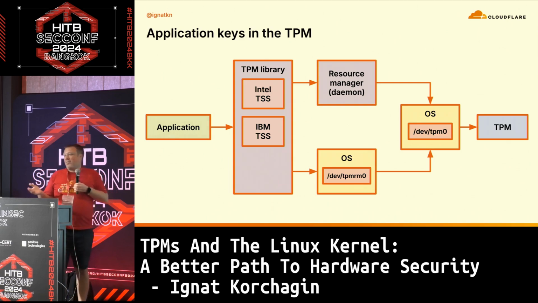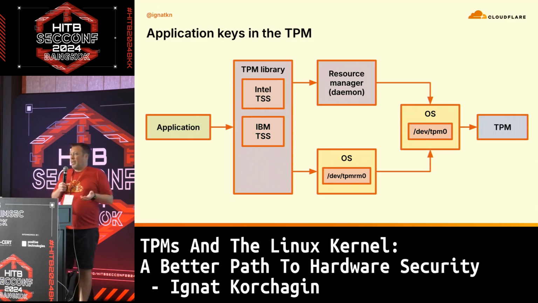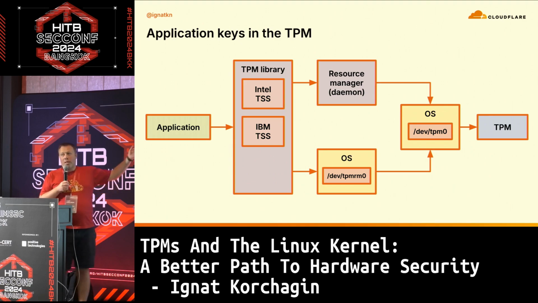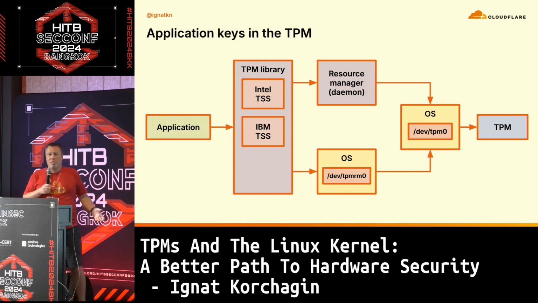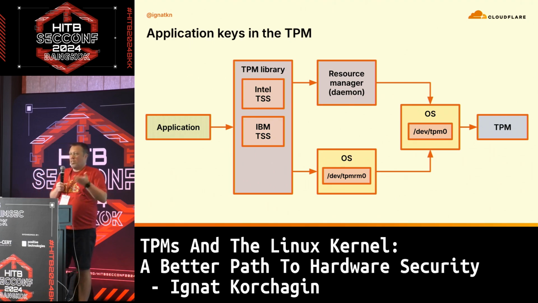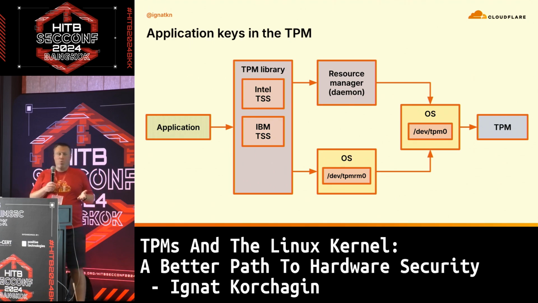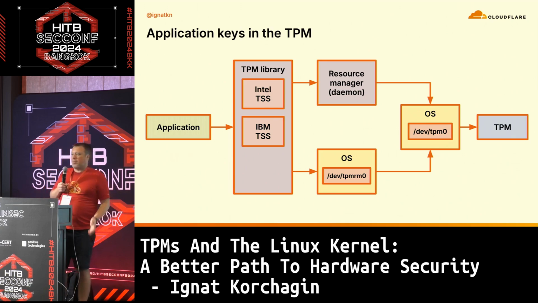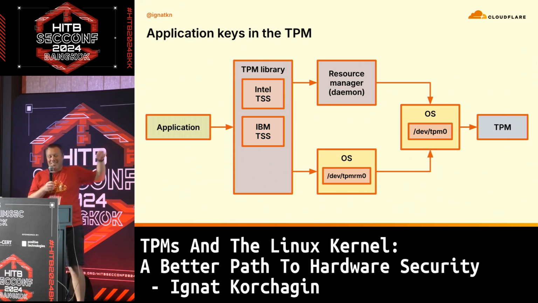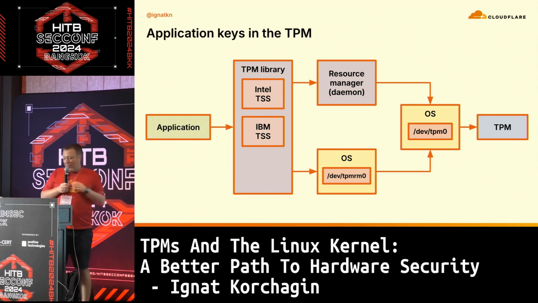And we have different distributions out there, so if you want to write an application that works on every Linux distribution, some distributions may provide one stack or the other in their package repositories, and not both of them. So if you want to write an application that works across all Linux distributions, you have to support two stacks. You have to actually write an abstraction layer on top of these two stacks. But this is not all.